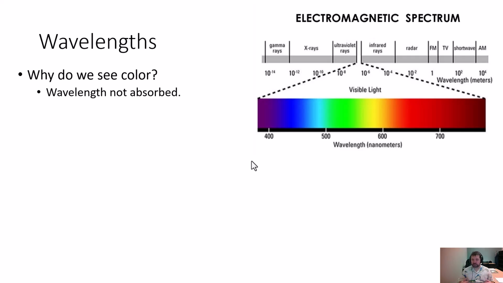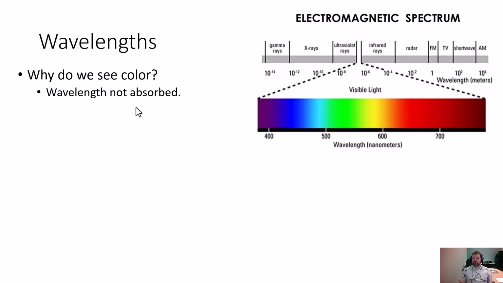Cones, on the other hand, are for being able to distinguish different wave patterns. And we have three different wave patterns that we can distinguish. And so all of our colors that we can distinguish, I think it's like 2,000 different colors. Although being a guy, I often say things like, rose is not a color, it's a flower.